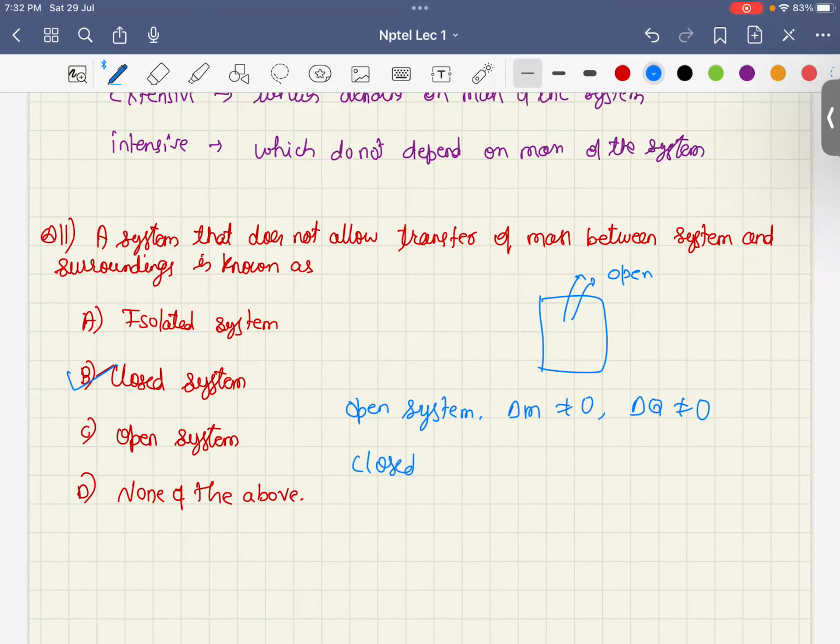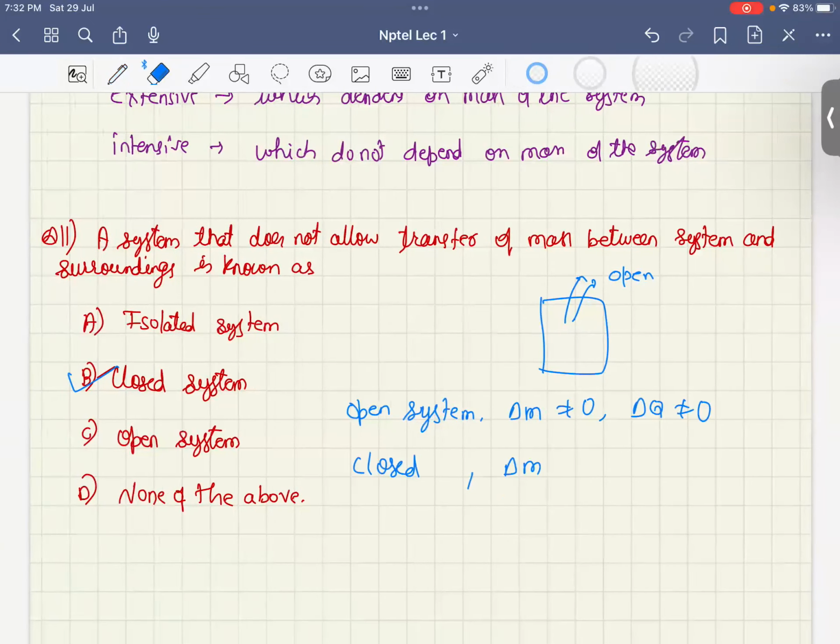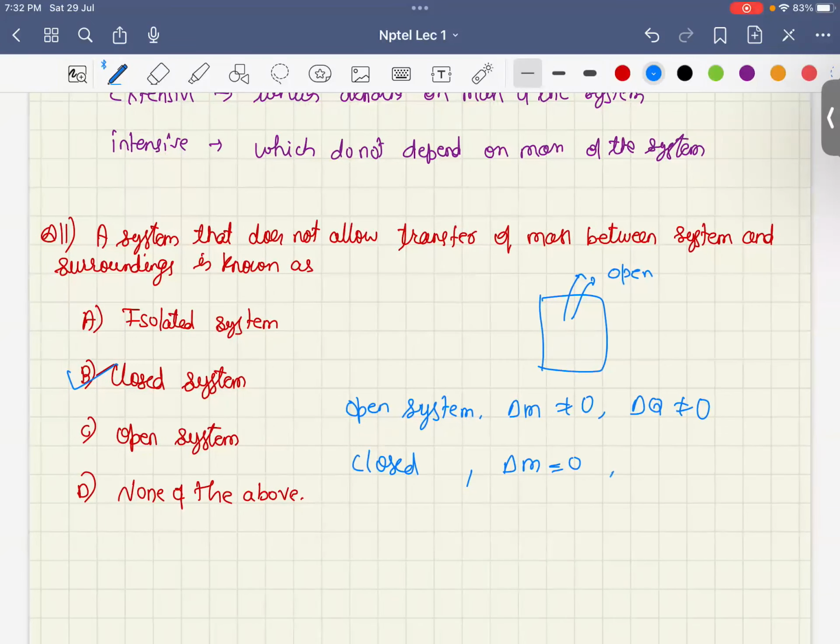Then for a closed system, it does not allow transfer of mass, so transfer of mass is zero, but delta Q may be non-zero. And an isolated system does not allow mass and also heat to transfer. So as per this, a system that does not allow transfer of mass between system and surroundings is called a closed system.